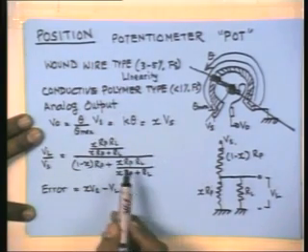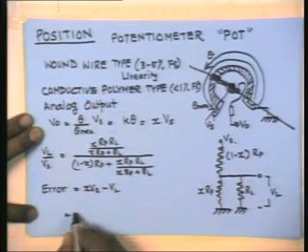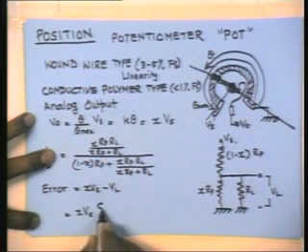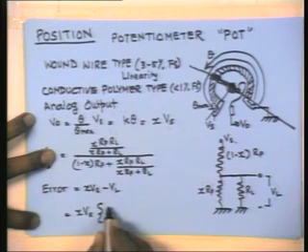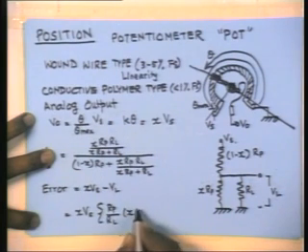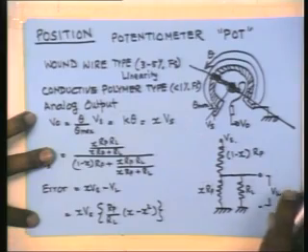So we can calculate that out, and it turns out to be x times Vs times Rp divided by RL times (x minus x squared). So this is the error, assuming that RL is much larger than Rp, which is the case.